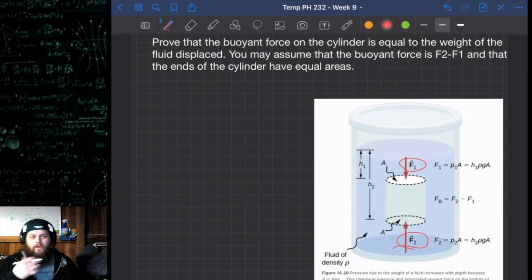So really, the Archimedes principle says that the buoyant force is going to be equal to the weight of the water that's been displaced by an object that's suspended in it. And we can prove that here.